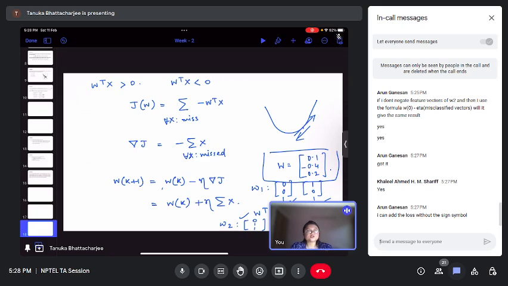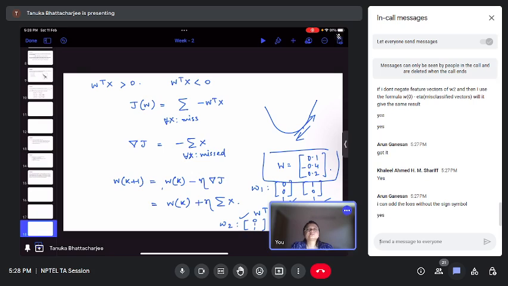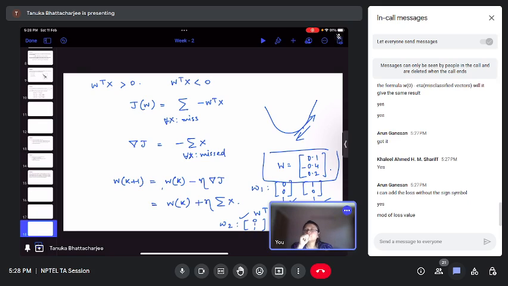And also you should have a uniform criterion for both the classes, right? If you are not writing it with sign, that means... okay, so you want to take the modulus. But if you take the modulus, I mean, that is not the perceptron algorithm, that is not how it does it.